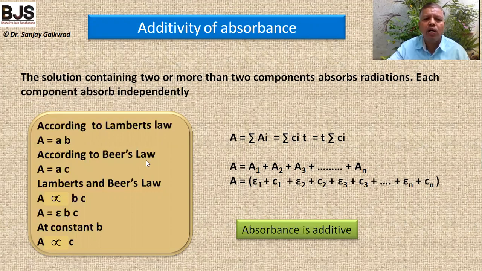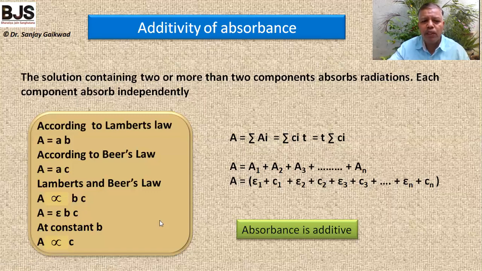According to Beer's law, absorbance is proportional to the concentration. The combined law is that absorbance is proportional to the thickness of the cell and the concentration of the solution, that is A = ε b c, where ε is the molar absorptivity. But at constant b, absorbance is directly proportional to the concentration.